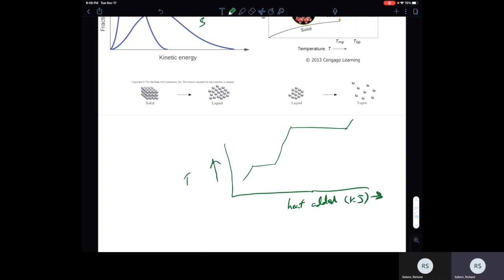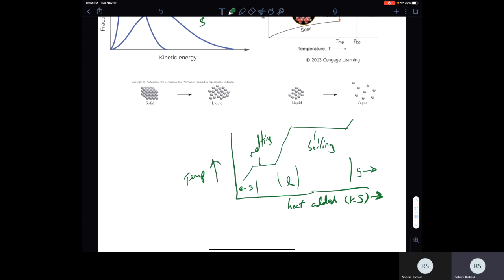And this would be temperature going up. So you have, this is the solid. This is the liquid. From here, you have the gas, right? So we have solid. That way. So here you have melting, and here you have boiling. If you're going from left to right.